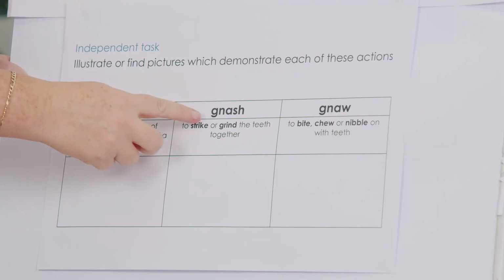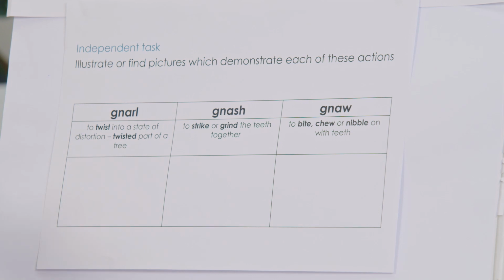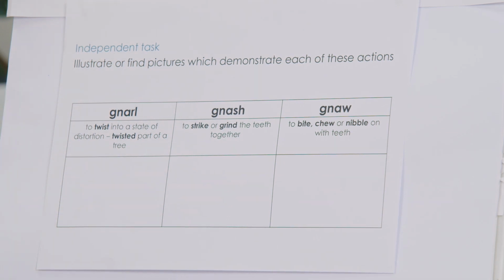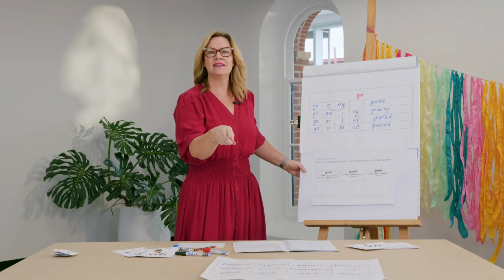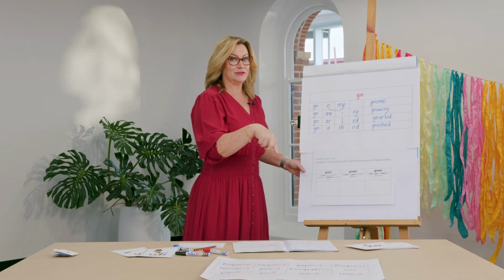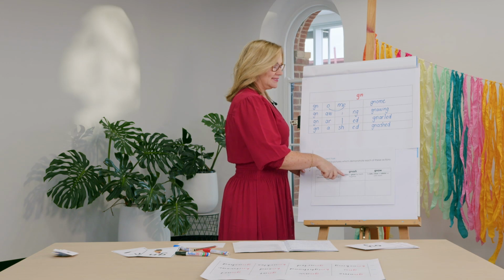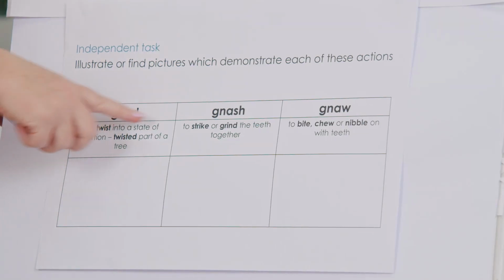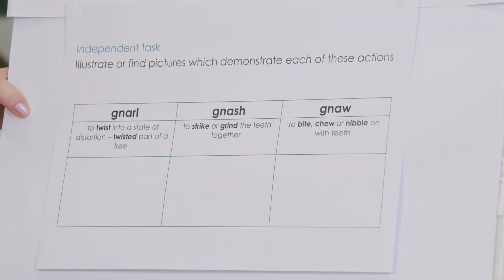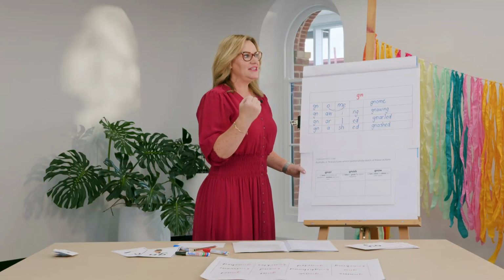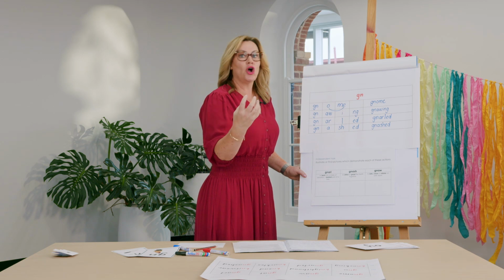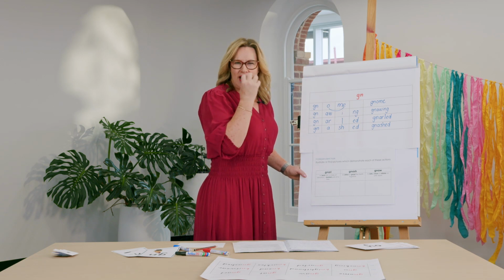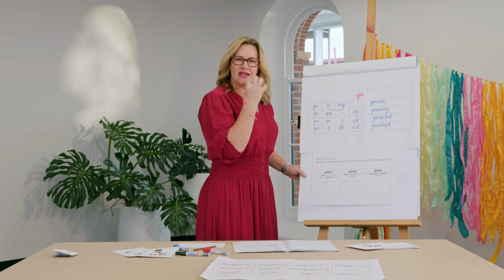Just like gnash. Remember, gnash is the striking or the grinding together of your teeth. Can you do it for me? I'm watching. It's pretty gruesome, pretty fierce. I like it. So we've got gnarl and gnash, and now gnaw. So imagine you're eating a lollipop or a chop bone, something that you would have to actually nibble away at with your teeth.